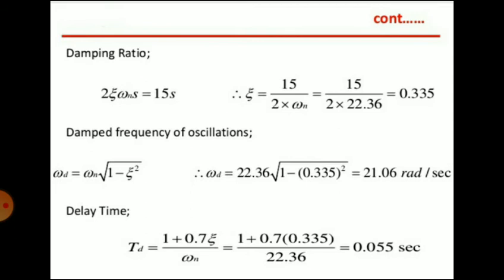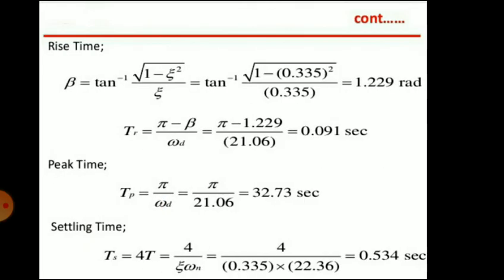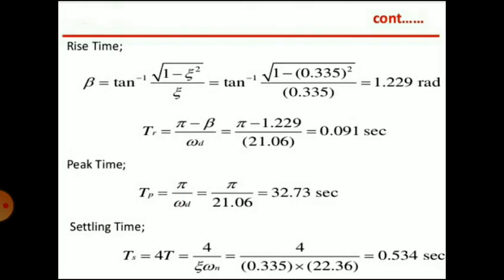Find out delay time. Td equal to (1 plus 0.7 zeta) upon omega n. That is the formula to calculate delay time. You will get 0.055 seconds. Then rise time. Beta equal to tan inverse of under root 1 minus zeta square upon zeta. To calculate rise time, the formula is Tr equal to (pi minus beta) upon omega d.